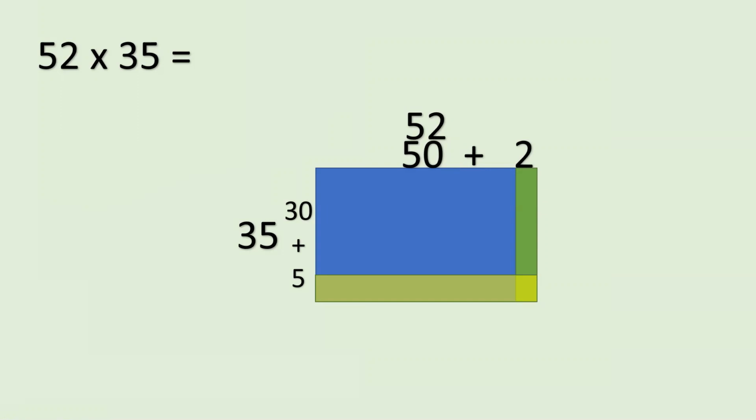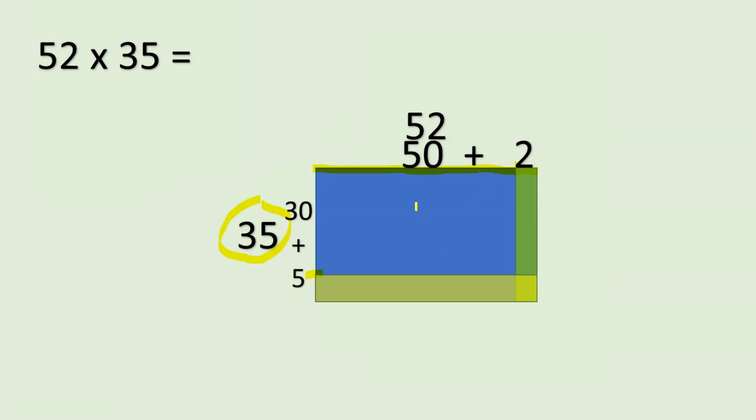I did that because we've learned that multiplying by powers of 10 is easy. So I said, if it's 52, let's stop it at 50. And then we'll start a new box at 2. So all I did was I cut it here between 50 and 2. And over here represents 35. So I said, let's cut it here and say 30's up here and 5's down here.